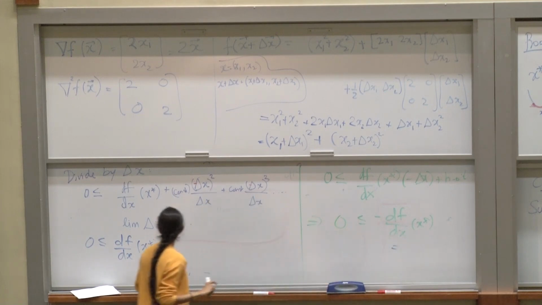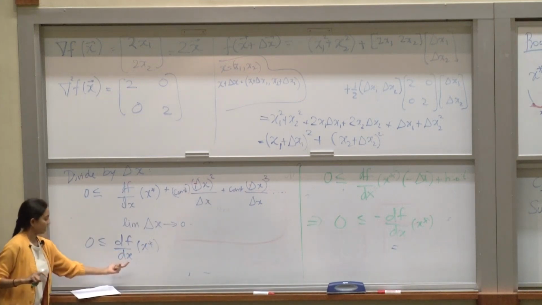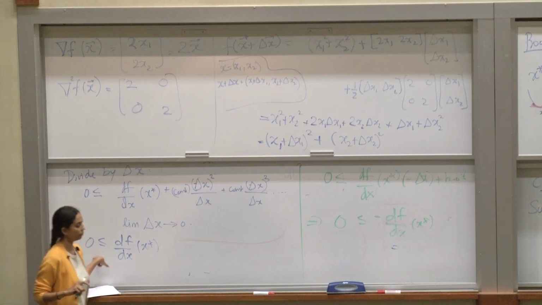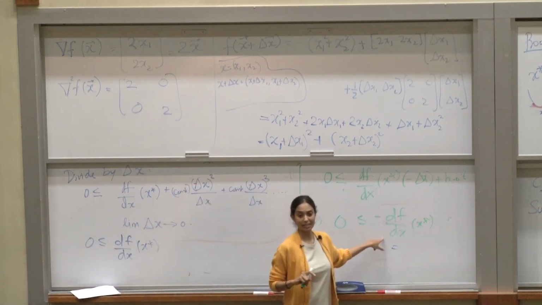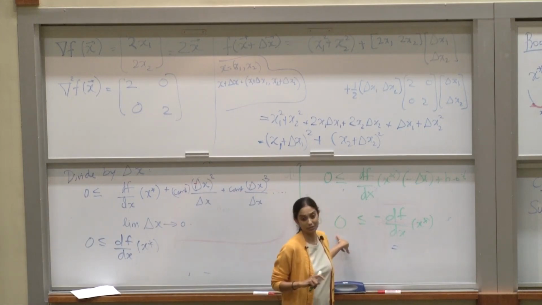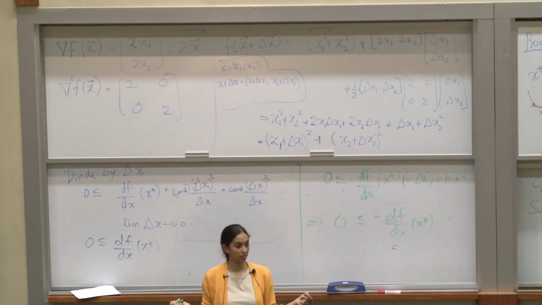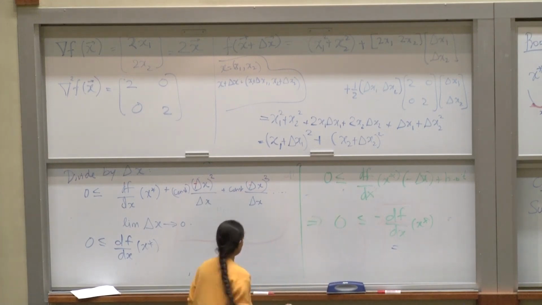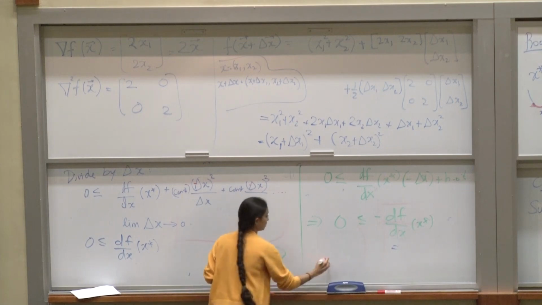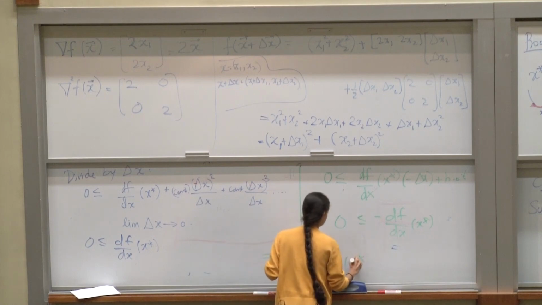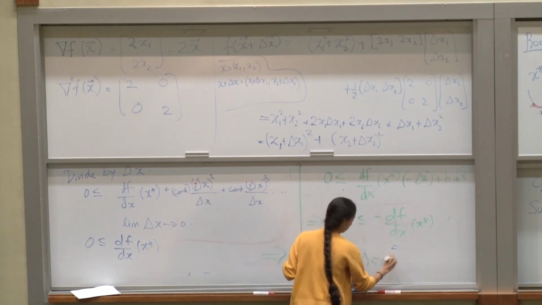And so now df by dx at x star is greater than or equal to 0, and minus df by dx at x star is also greater than or equal to 0. What is the only value that this derivative can take? 0. Hence, df by dx at x star is equal to 0.